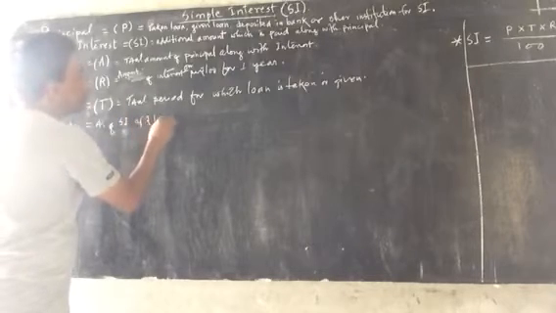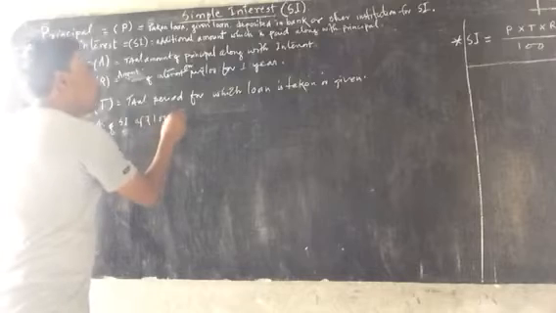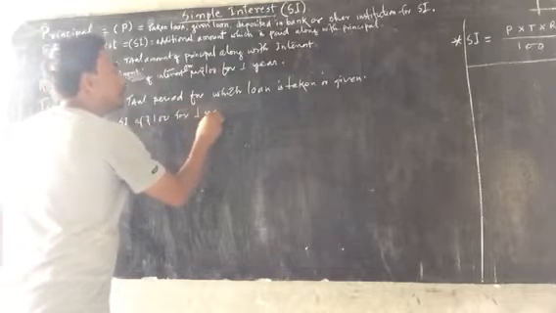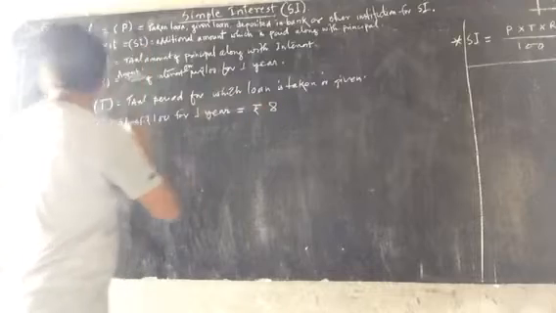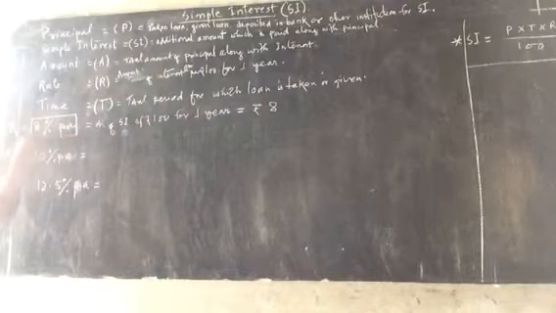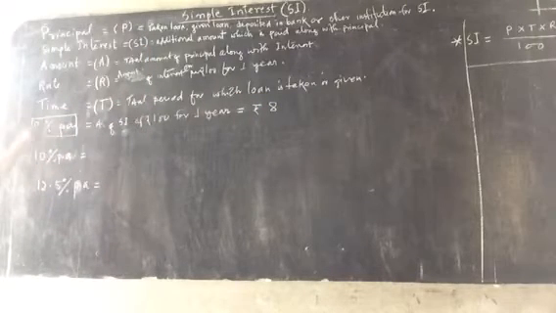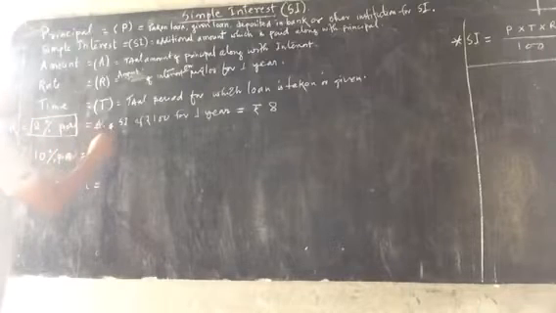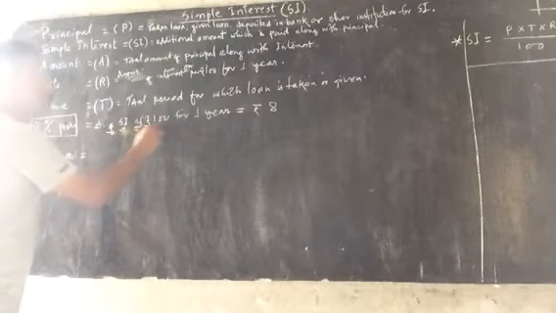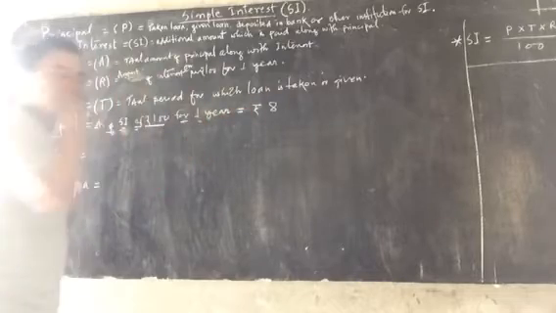The rate of interest is 8% per annum. It means the amount of simple interest on rupees 100 for 1 year is rupees 8.